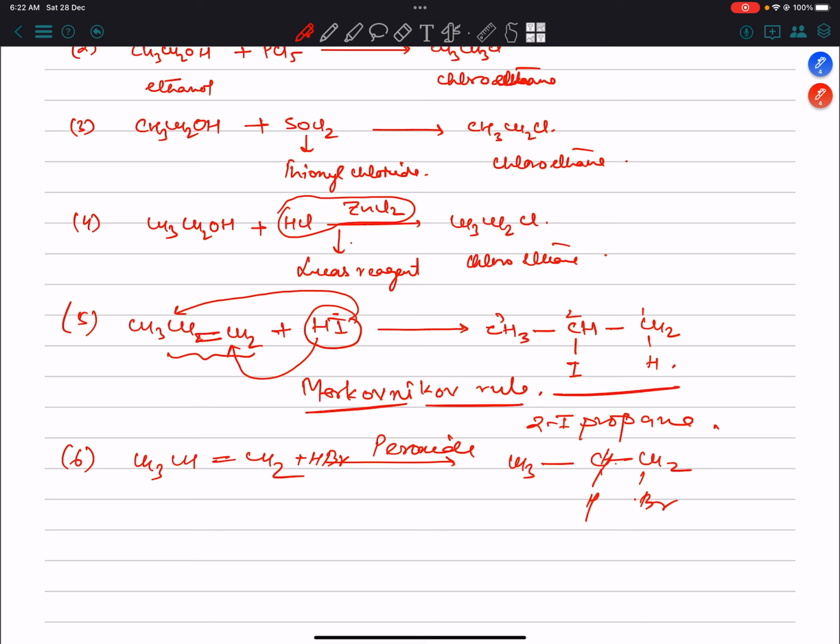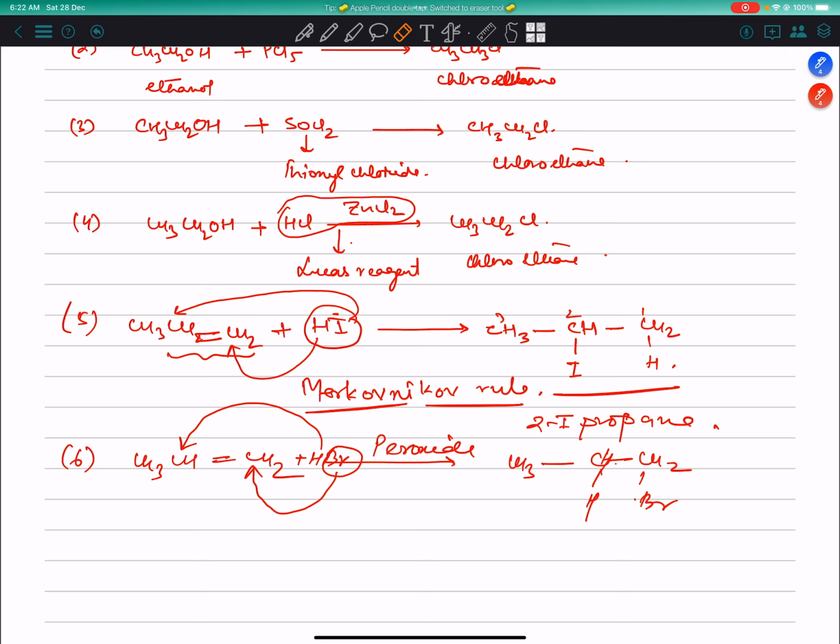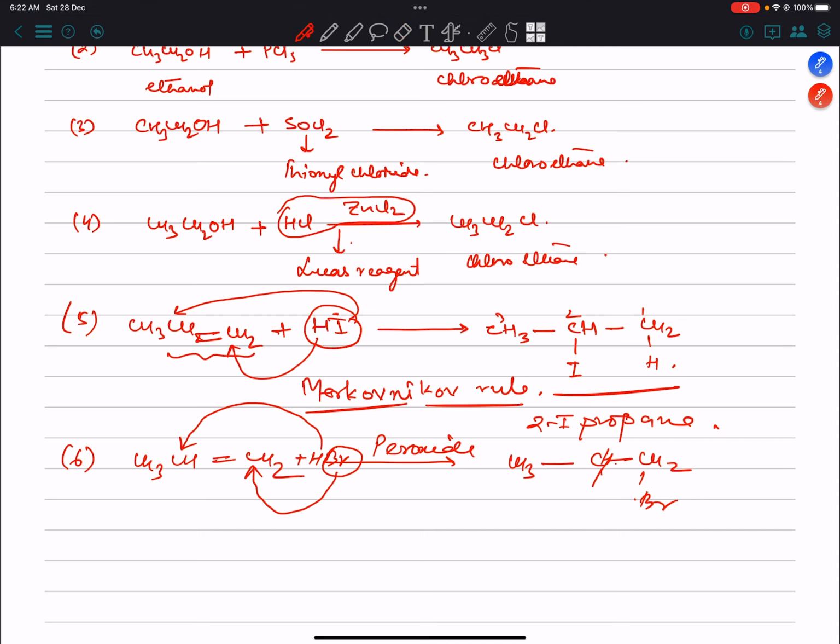It says that the negative part will go to that carbon which has more hydrogen, and the positive part goes to that carbon which has less hydrogen. So this is opposite to the Markovnikov rule, and now the product is 1-bromopropane.